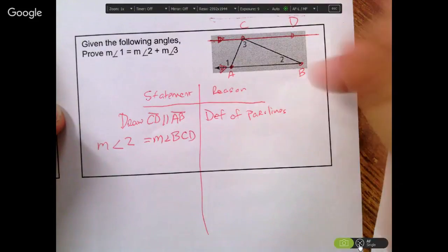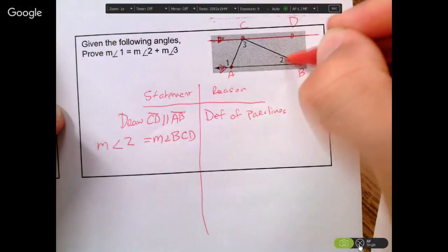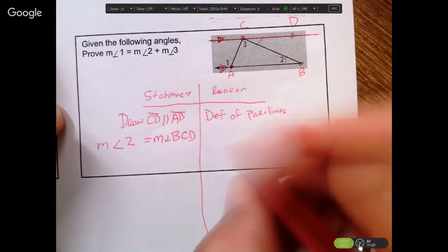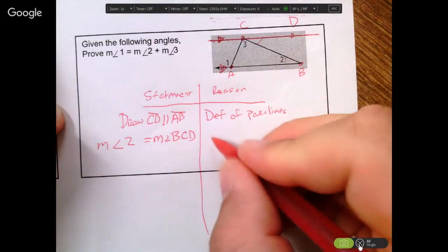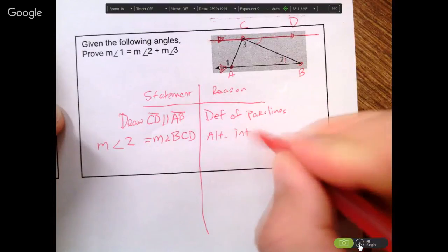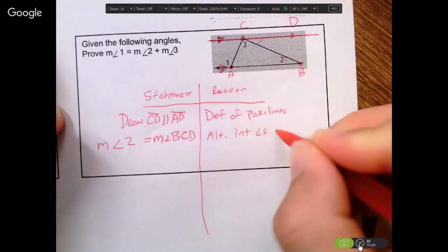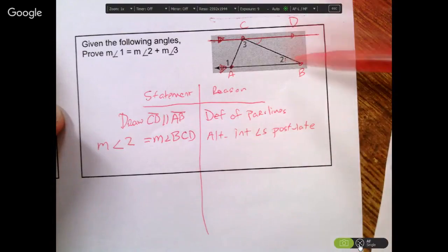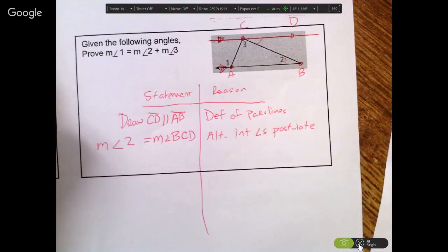Okay, so I just said that this right here is congruent to that. And the reason that's true is because of the alternate interior angles postulate, which says that alternate interior angles are going to be equal or congruent.